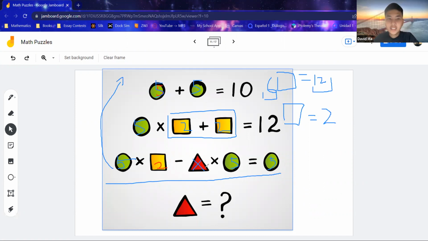Maybe I should explain this first because it's quite a complex concept, but it's similar to what we did up here. Imagine instead of having a single square here, you had square times 2.